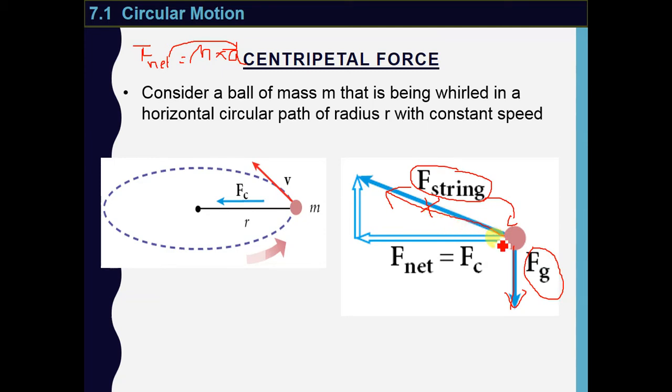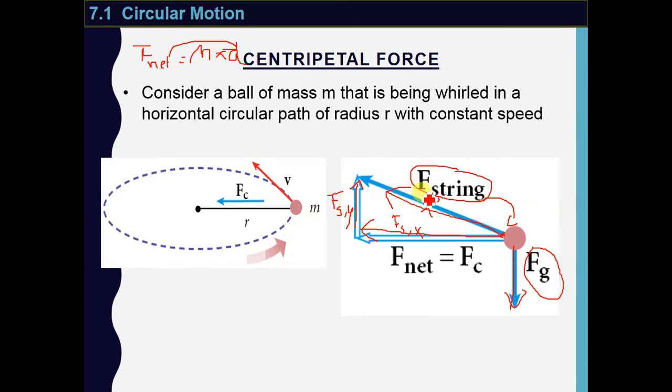into two components. We start from the tail. One component along x, so this is F string x, the component of F string along X, and this is the component of F string along Y. Pay attention with me.